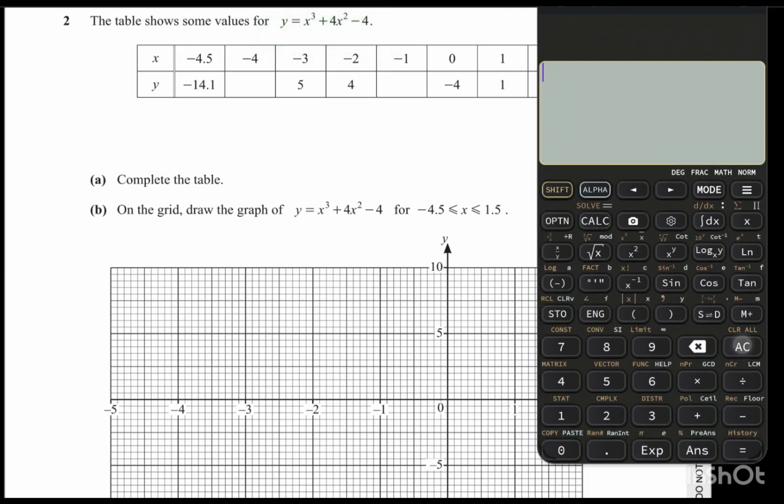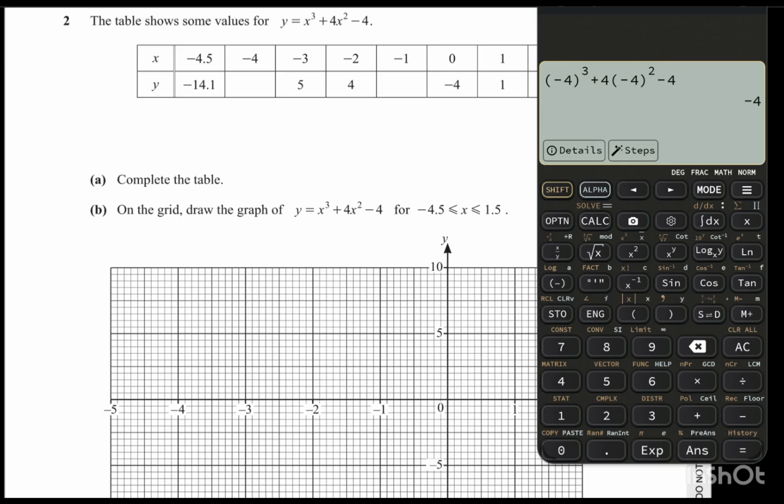So here, if x value is minus 4, find the y value using this equation. So minus 4, we have to take the bracket. So minus 4, close the bracket, whole cube, plus 4x square, 4 again negative 4 in the brackets, square, minus 4.